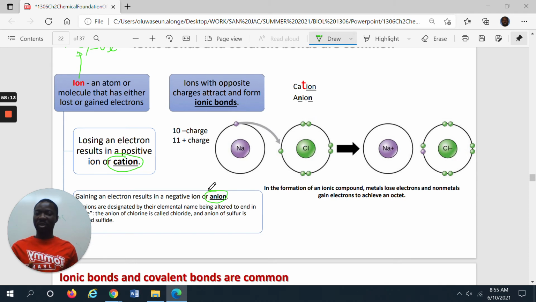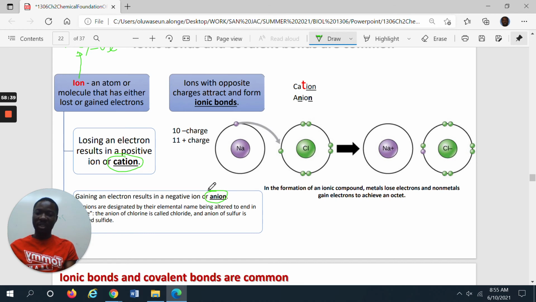Let's say you bought a car and they said you are going to pay $5,000 for the car. At the time you are leaving the dealership, you are owing $5,000. If you are losing that $5,000, the more of the $5,000 you lose, the more positive you become. Because the more of your debt you are losing, the more free you become.